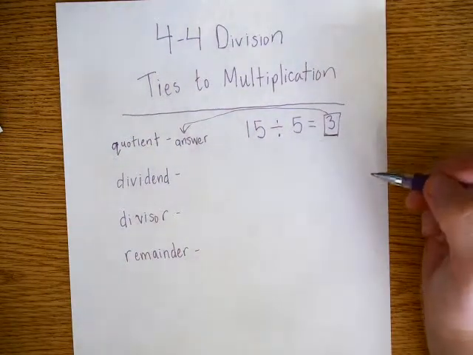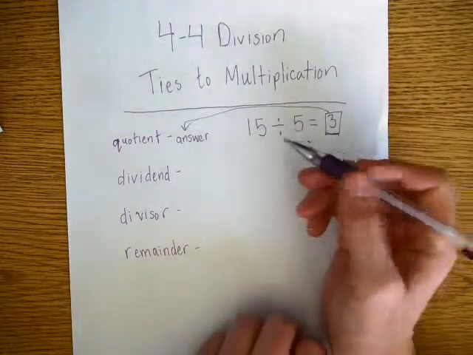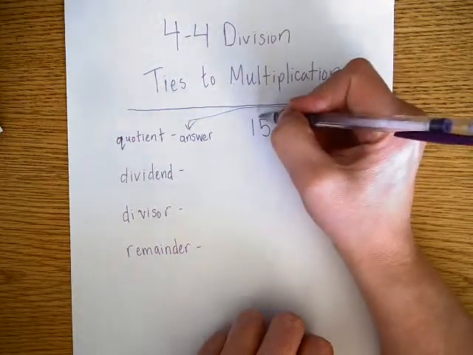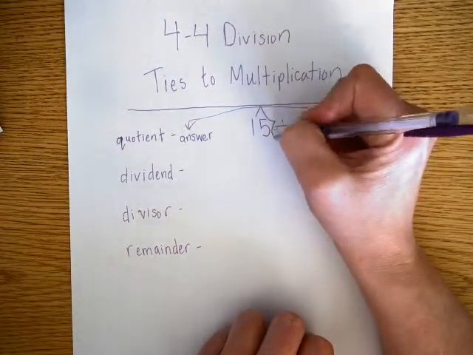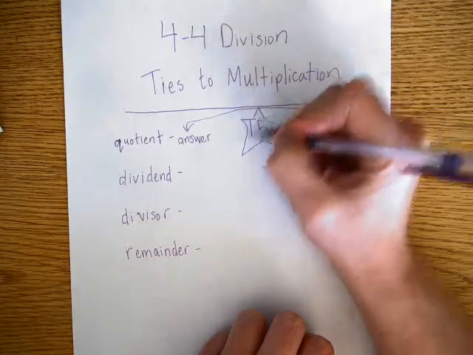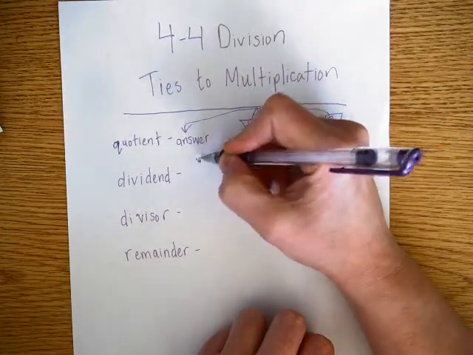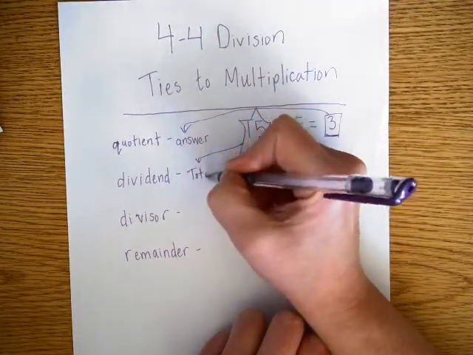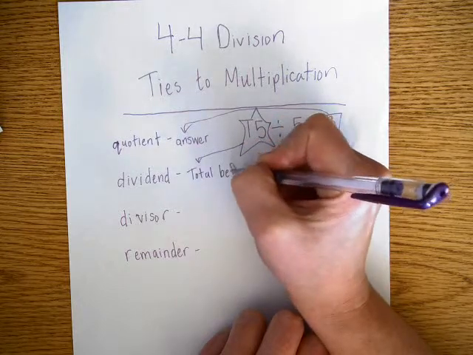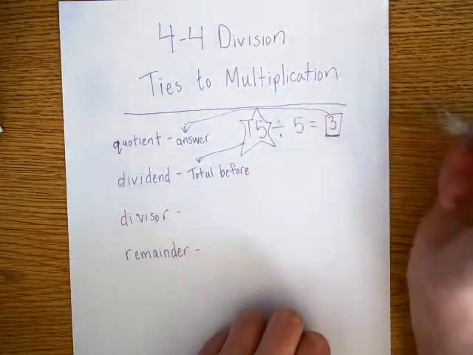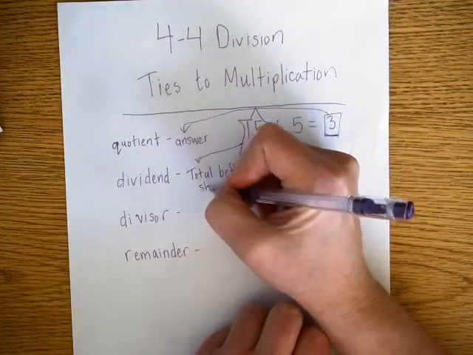Then we have something called the dividend. The dividend right here is the total before sharing. So it's the total that we have. We haven't broken anything up yet, before sharing.